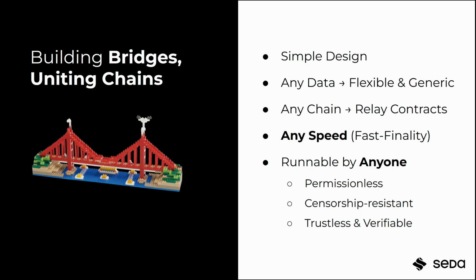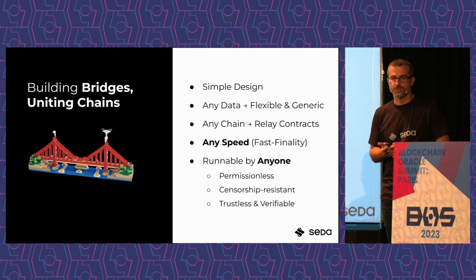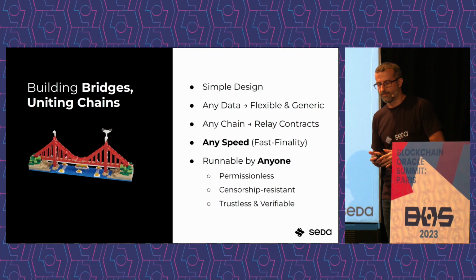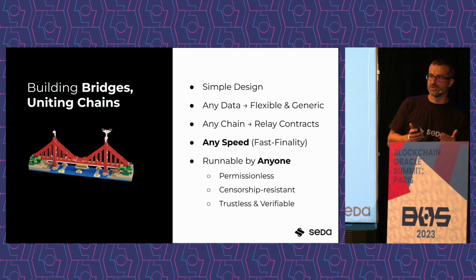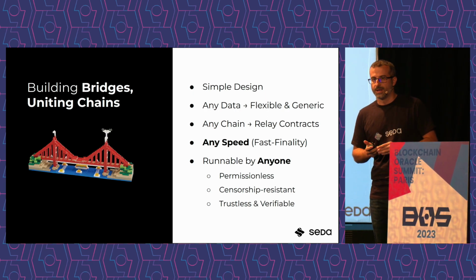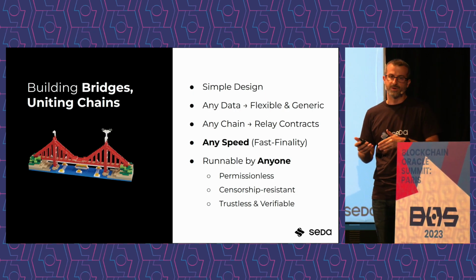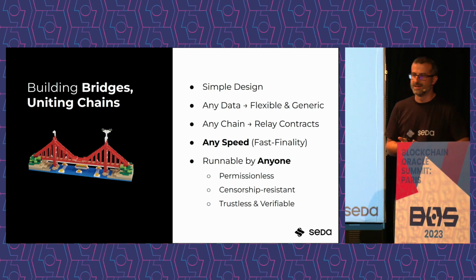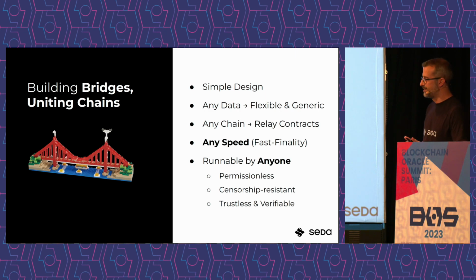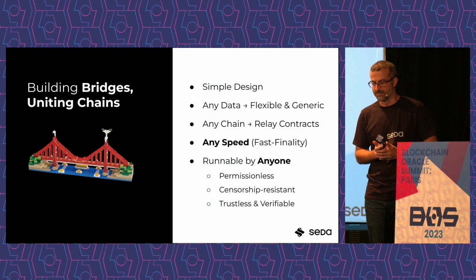In the next slides, I'm going to show a diagram that I hope will help to understand this better. The last part, which is also really important, is that these bridges should be runnable by anyone. Again, we want to build a permissionless protocol, so that if a relayer shuts down, any other relayer can hop in and take the job of relaying messages.